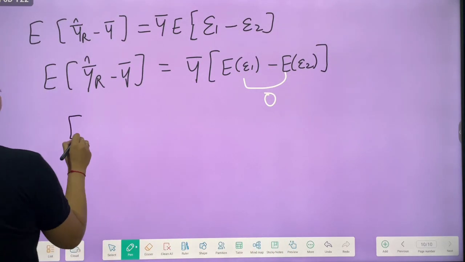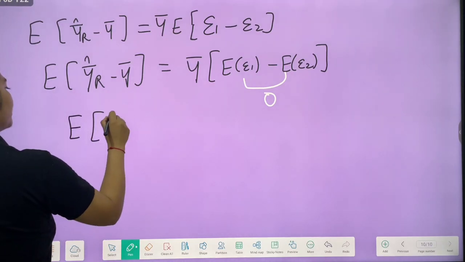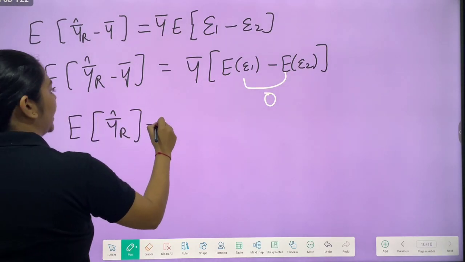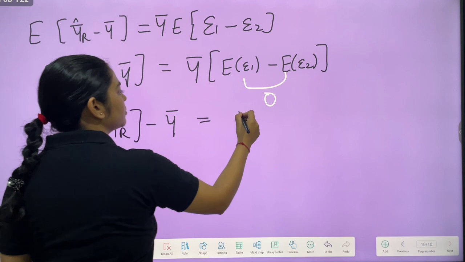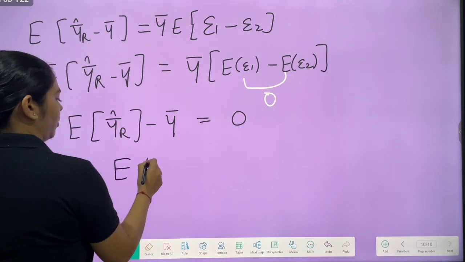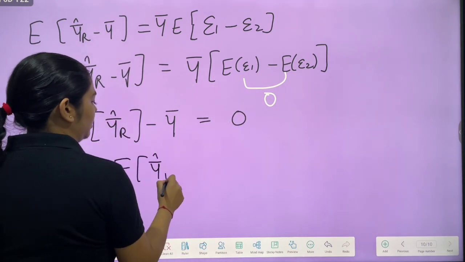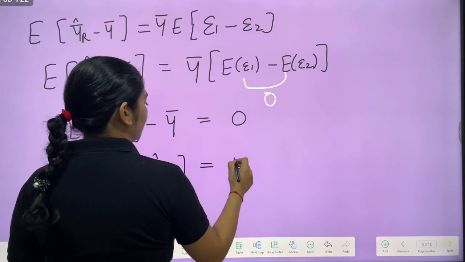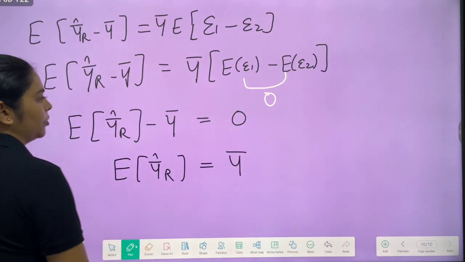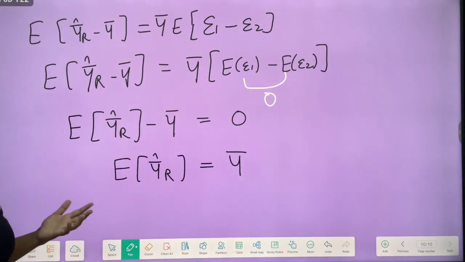So it will be estimation of y bar r minus y bar is equal to 0. So estimation of y bar r, which is the ratio estimator of mean, is equal to the population mean. Hence we can say that it is an unbiased estimator of population mean.